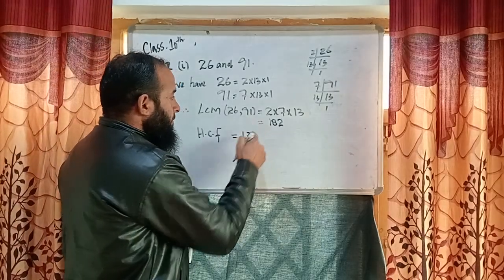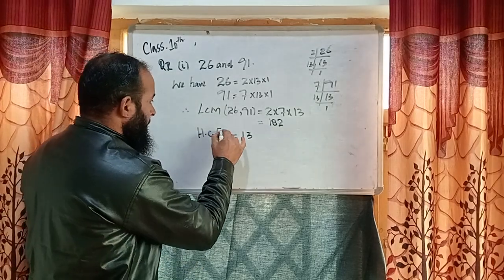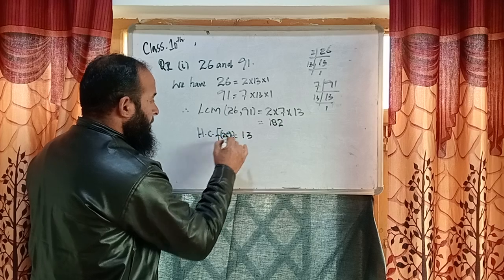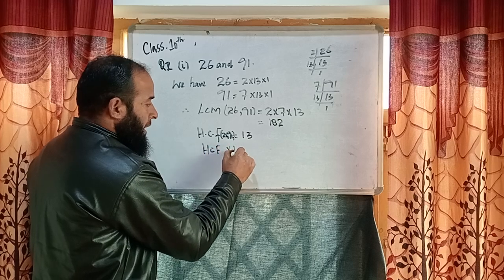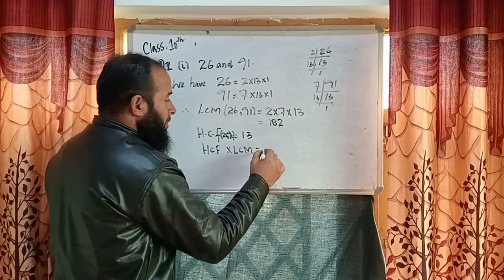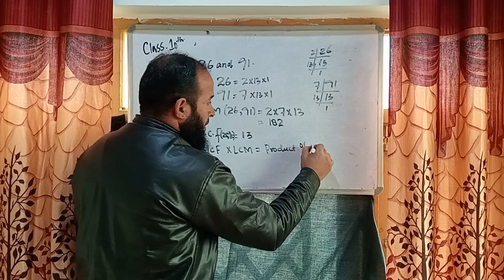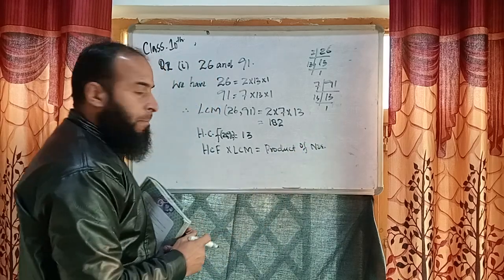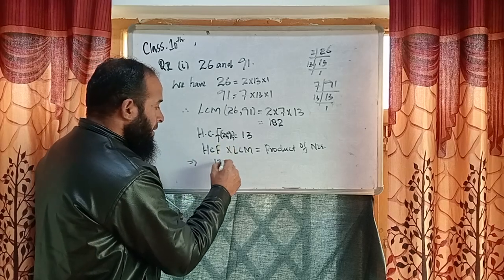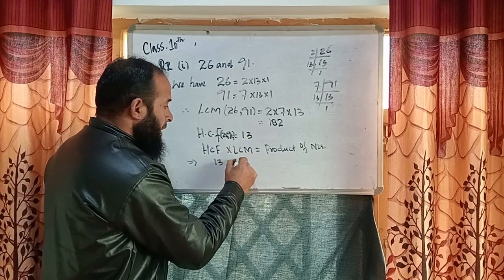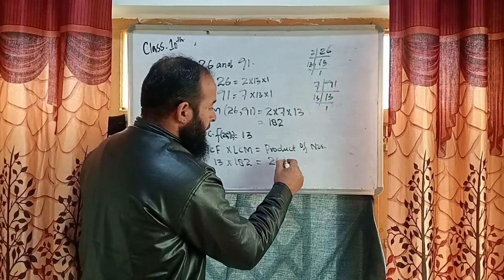Now we have to verify whether HCF cross LCM is equal to the product of the numbers. The HCF is 13, the LCM is 182, and the product of the numbers is 26 into 91.